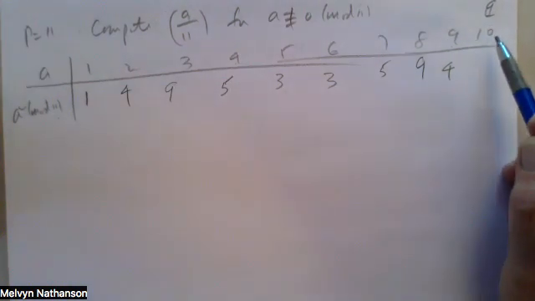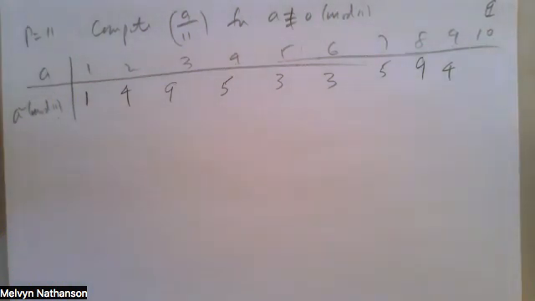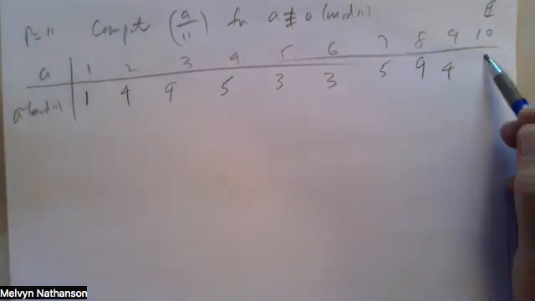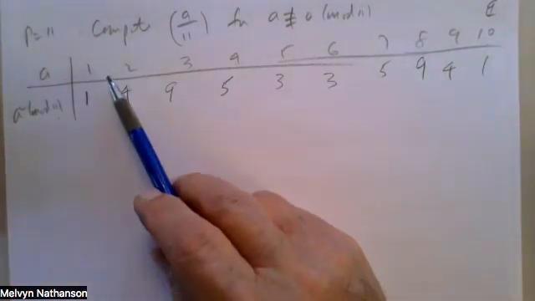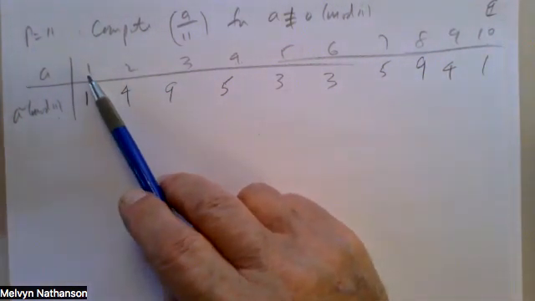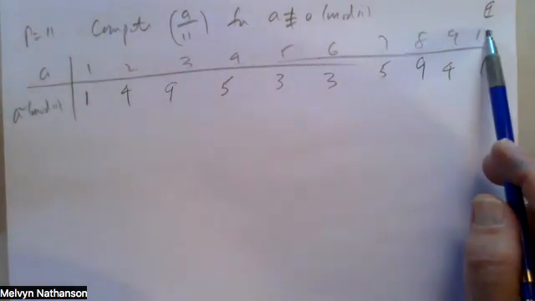What about 10 squared? What is 10 squared congruent to mod 11? 10 squared is 100, and 9 times 11 is 99 plus 1. So what's the remainder? 1. Yeah, okay. So these are the non-zero congruence classes mod 11, 1 through 10.